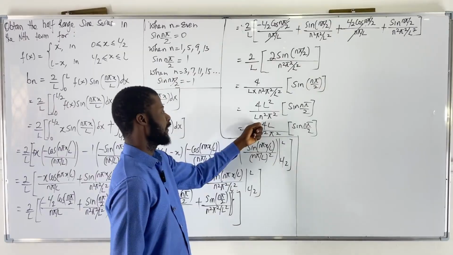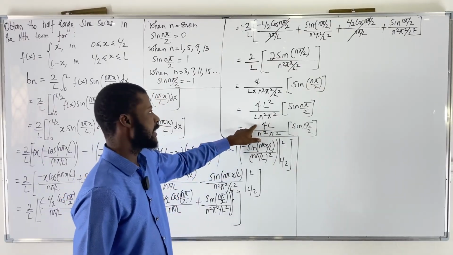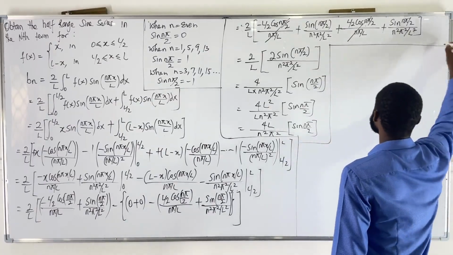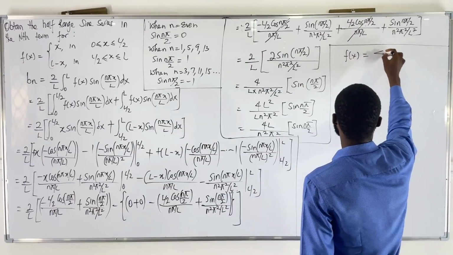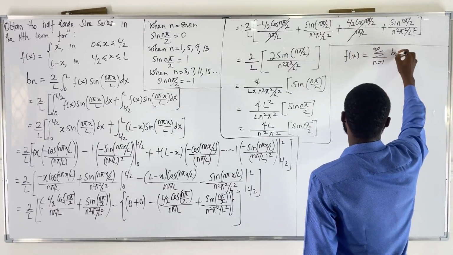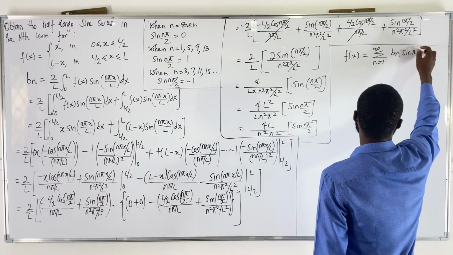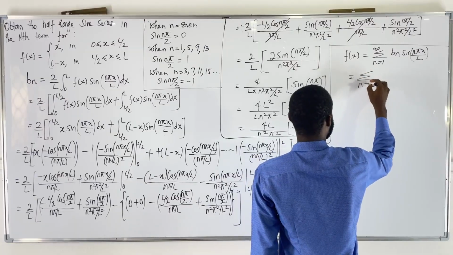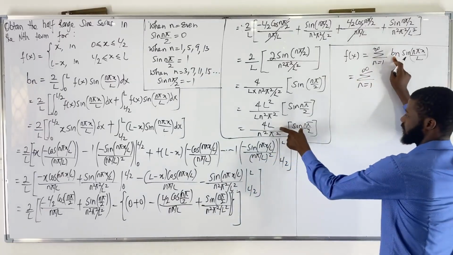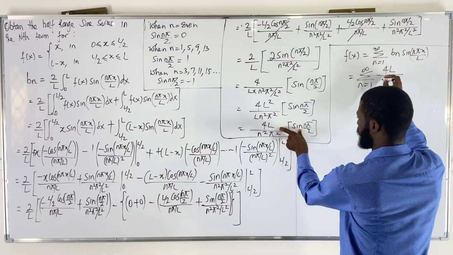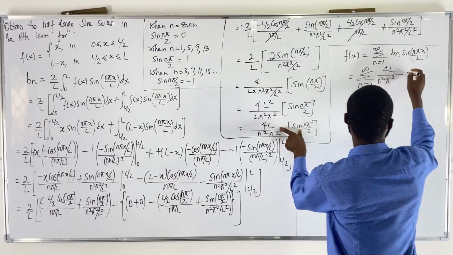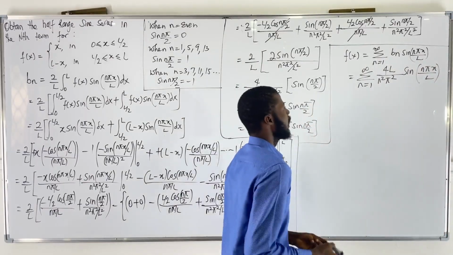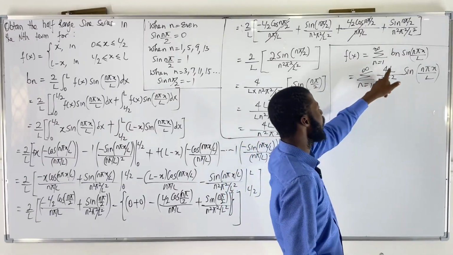So this, I'm going to just leave it like this. So let's find our Fourier series. f of x is equal to the sum from n equal to 1 to infinity of b sub n sine n pi x over L. Now b sub n is this, so this is 4L over n squared pi squared sine n pi x over L. Now what is the constant here? 4L is a constant.